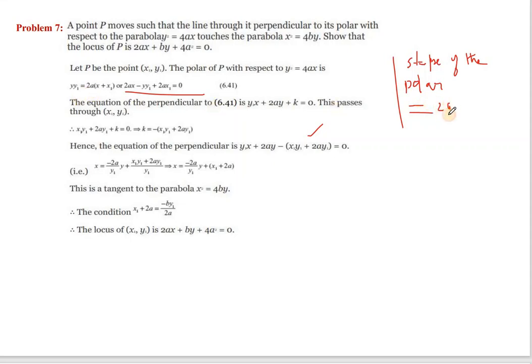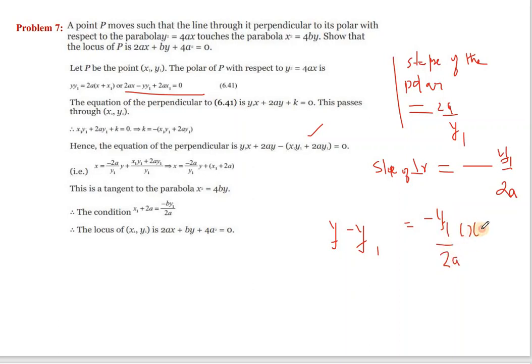So its perpendicular will have, so slope of the perpendicular is minus y1 by 2a. So you have got the slope and one point is known. So y minus y1 is equal to minus y1 by 2a into x minus x1.